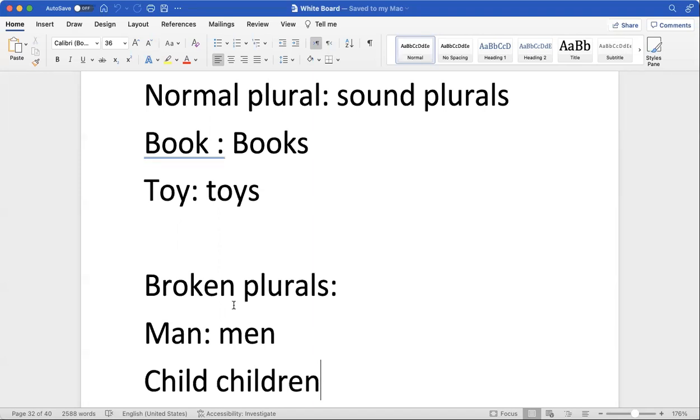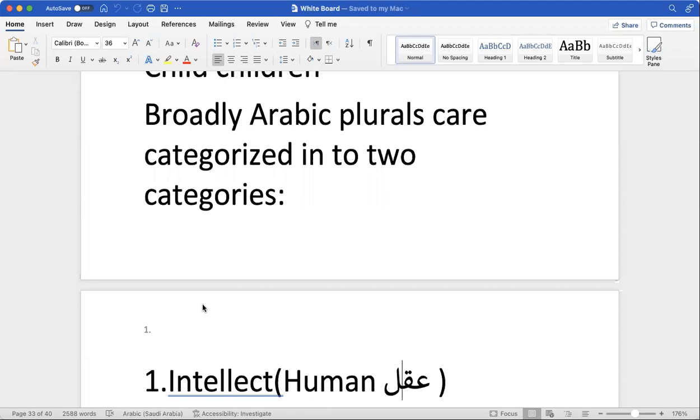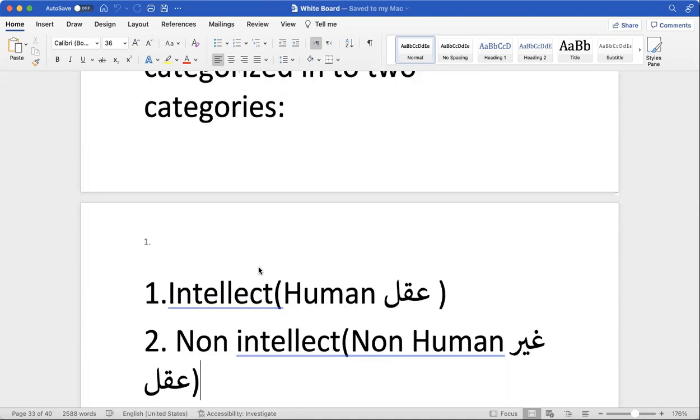In Arabic language also we have these kinds of plurals. We have normal plurals, okay? We have broken plurals, right? Then we studied that Arabic plurals are broadly categorized in two categories. What are those? Intellect and non-intellect.